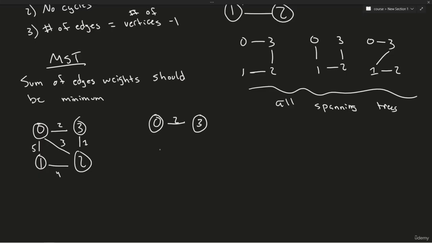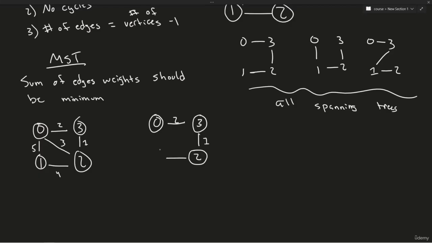And then from 3 we only have one path that we can go, so we can go to vertex 2, and we see that we can go from 2 to 0 or 2 to 1. But if we take 2 to 0, then we create a cycle. Therefore, there would no longer be a spanning tree.